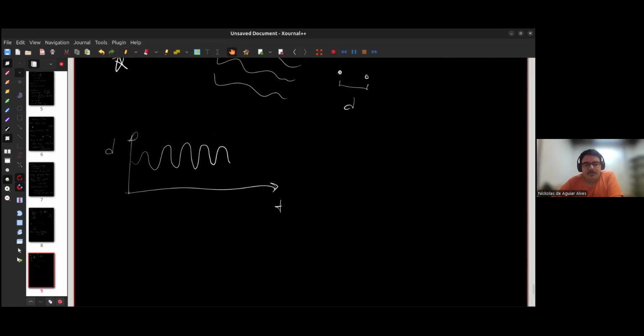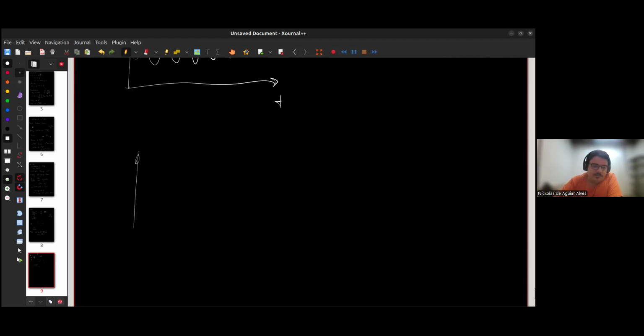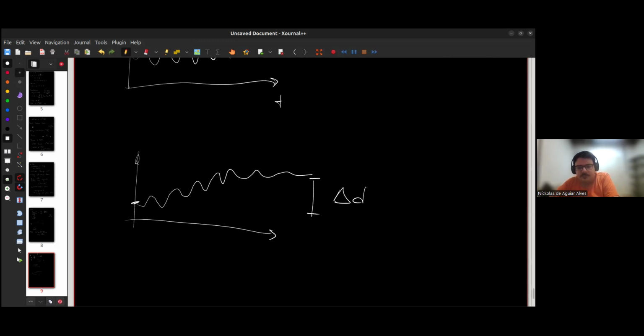And what they found is that typically for these sorts of things, the actual shape of the oscillation is not going to be just a sinusoid, but actually it is going to look a little bit more like this, in the sense that you have these oscillations, but you also have a finite change in the overall distance between early and late times.